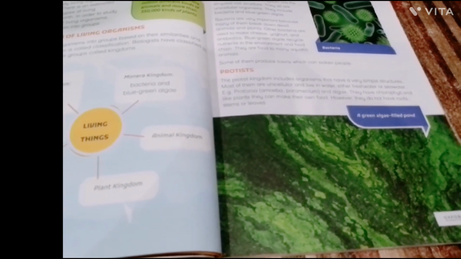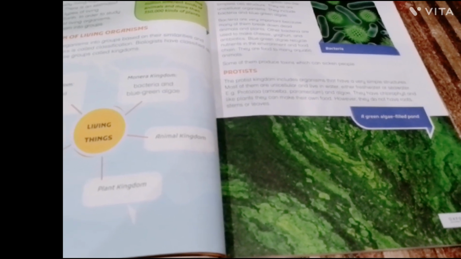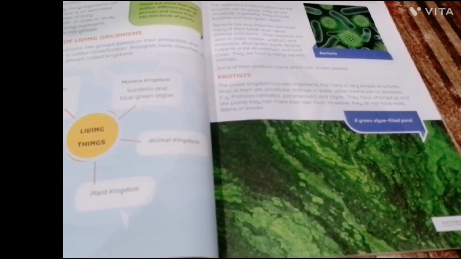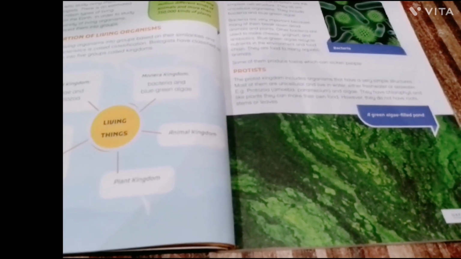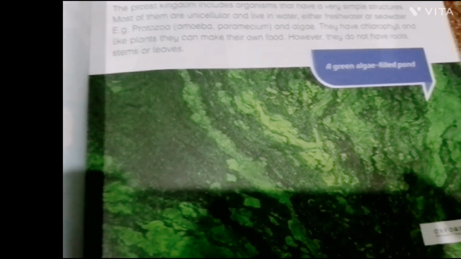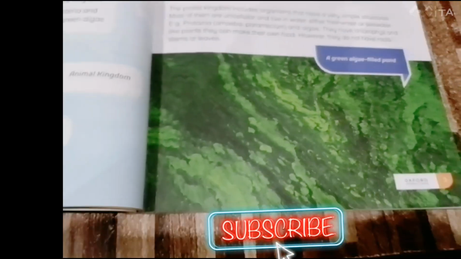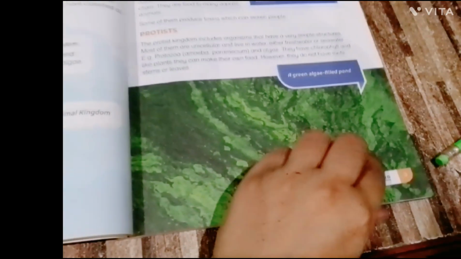They have chlorophyll like plants. They can make their own food, but they have no roots, stems, or leaves. This is about the characteristics of the Protista. And this one is blue-green algae. This is a picture of blue-green algae that is found in a pond.